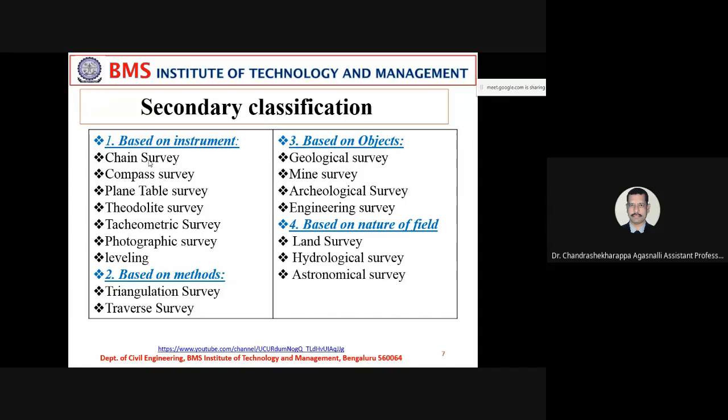Second is based on the method, how you are going to do it by using the instrument. The third one is based on objects, for which you are going to do the survey, for what type of task.